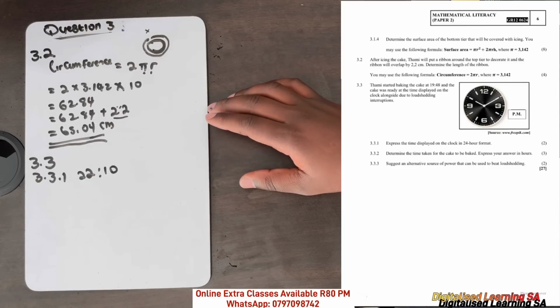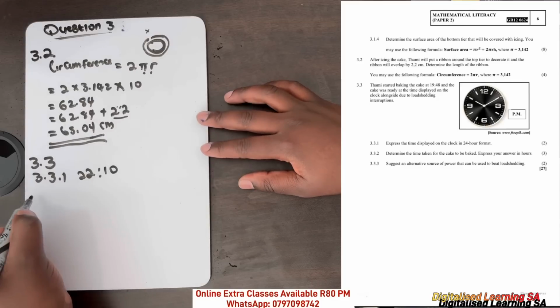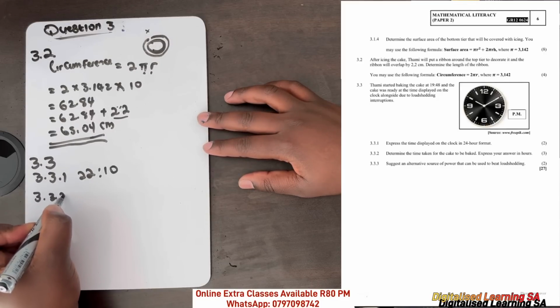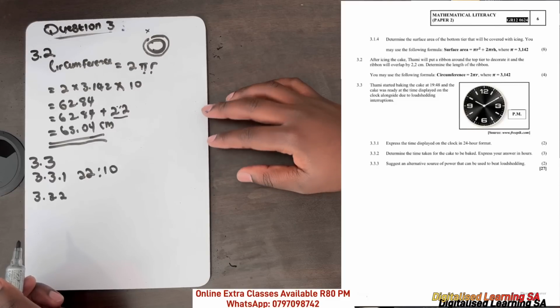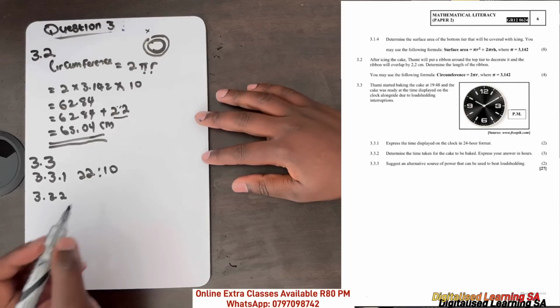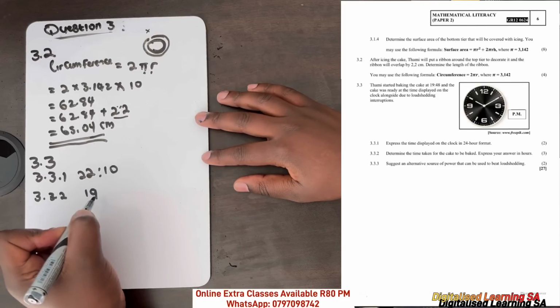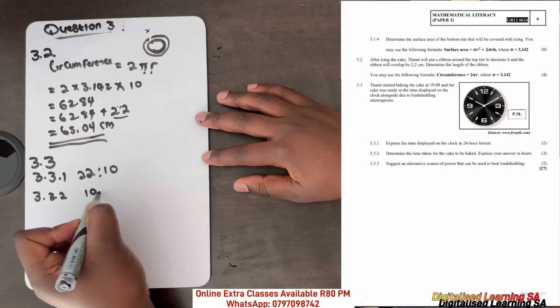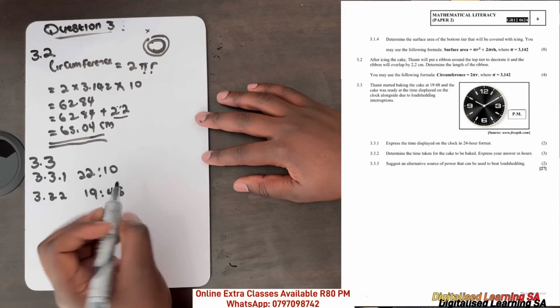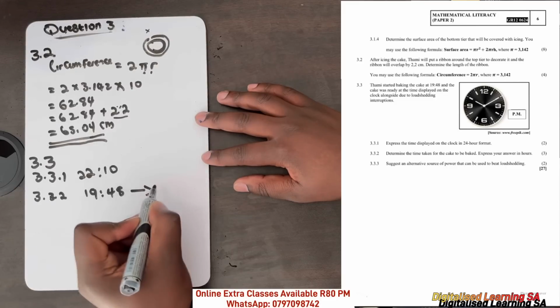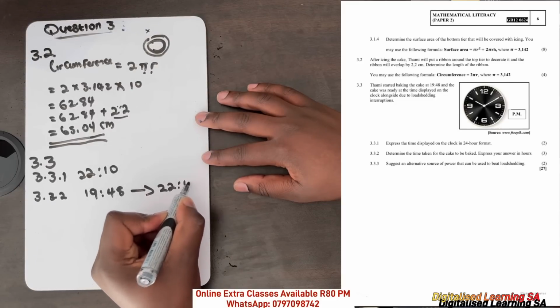Okay, so now let's move to our second question, which is question 3.3.2. Question 3.3.2 says to determine the time taken for the cake to be baked. Express your answer in hours. We are told that Tammy started baking at 12 minutes to 8 and finished at 10 past 10.